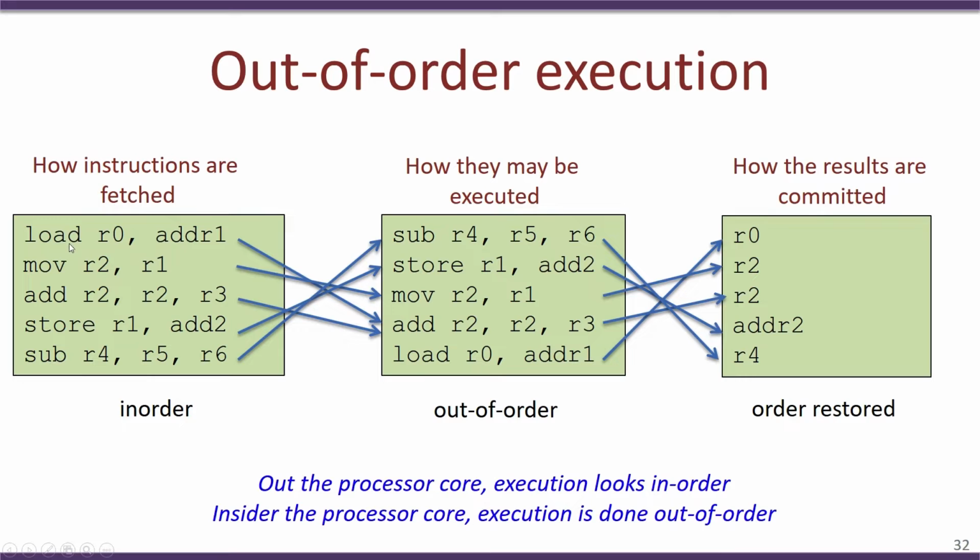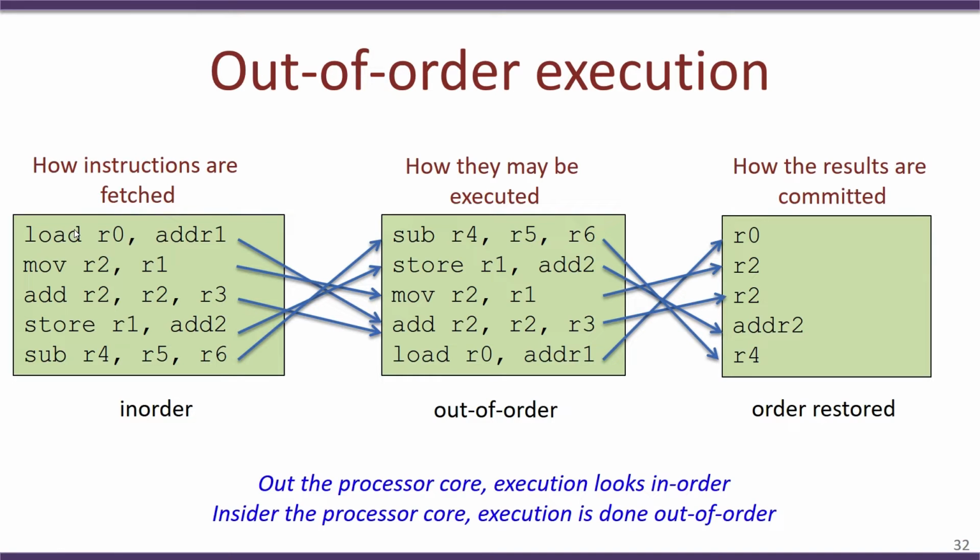So as long as the arguments in the load instruction and those of the subsequent instructions are independent, it would be possible for the processor to execute these instructions in an order quite different from what is specified in the program.